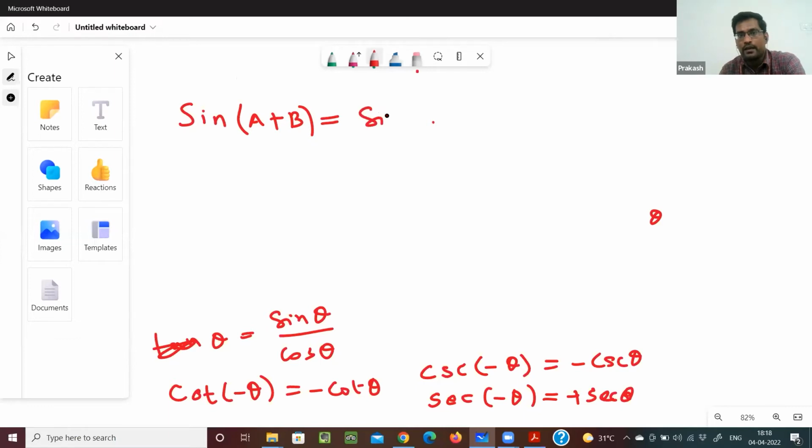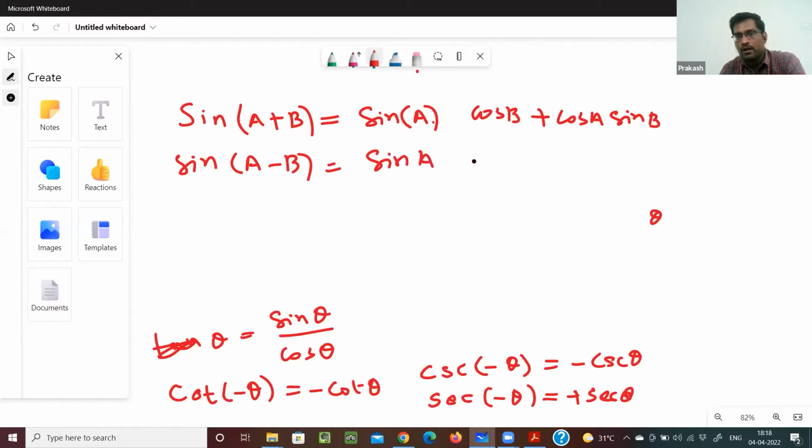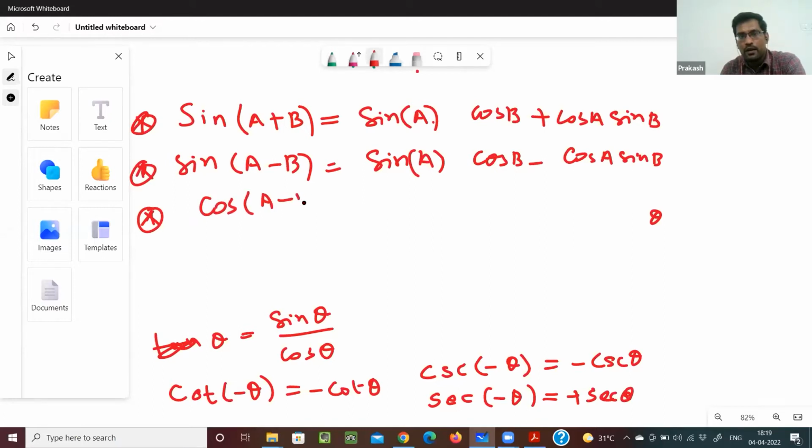We can write it as sine a cos b plus cos a sine b. These are the important identities. Sine of a minus b is sine a cos b minus cos a sine b.